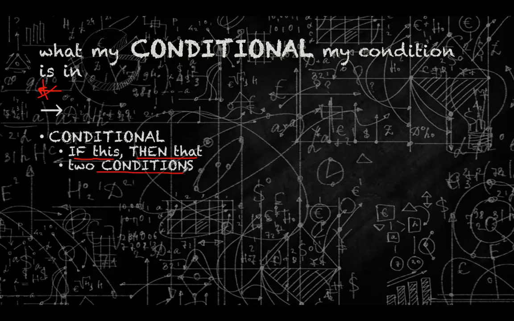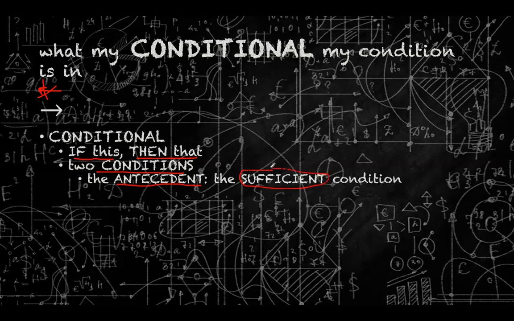Is that like the dependent variable and the independent variable? Yeah, very much like the dependent and the independent. But in logic, we call the independent the antecedent. And what we're saying is it's sufficient. And what's another word for sufficient?